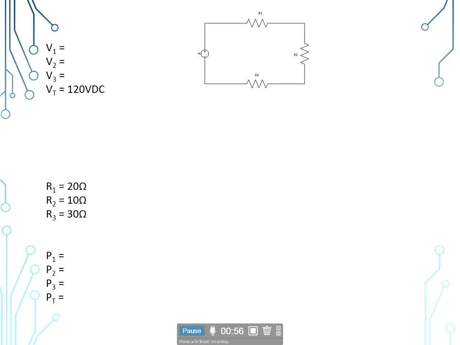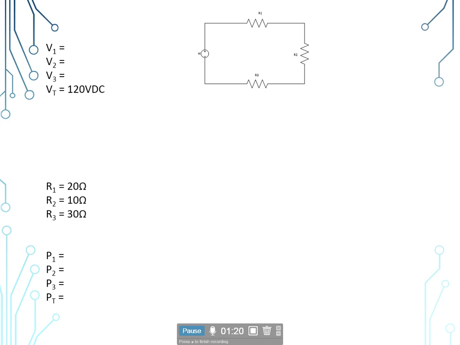The known values we've been given are a total voltage of 120 volts DC, and our load resistances. R sub 1 is 20 ohms, R sub 2 is 10 ohms, R sub 3 is 30 ohms. To get started, we need to find our total circuit resistance.